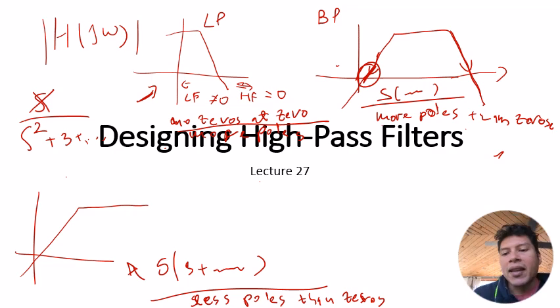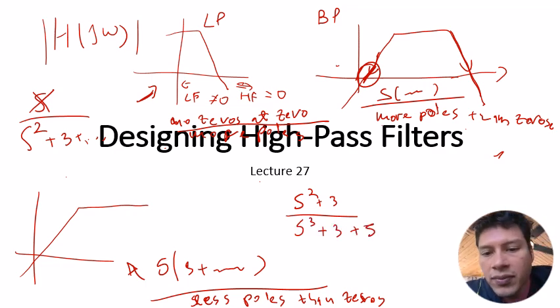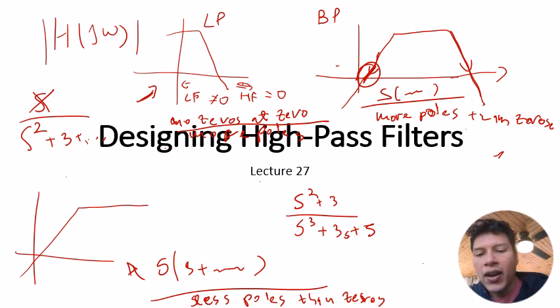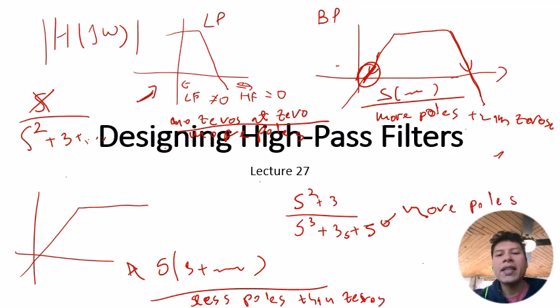So what do I mean by that? If I gave you something that looked like s squared plus 3 over s cubed plus 3s plus 5, let's say. For this particular filter, we have more poles because the polynomial is higher. So that means it could only be one of these two.